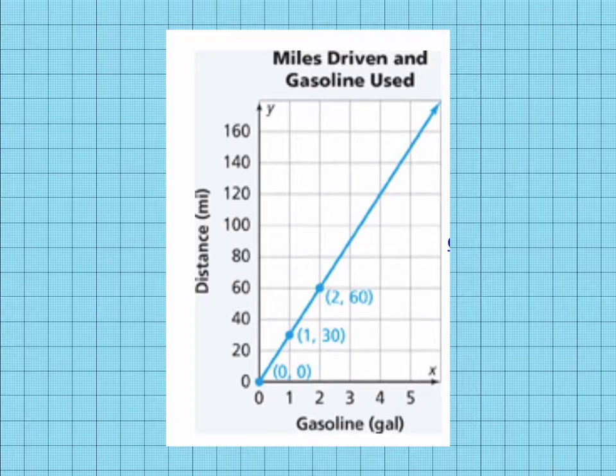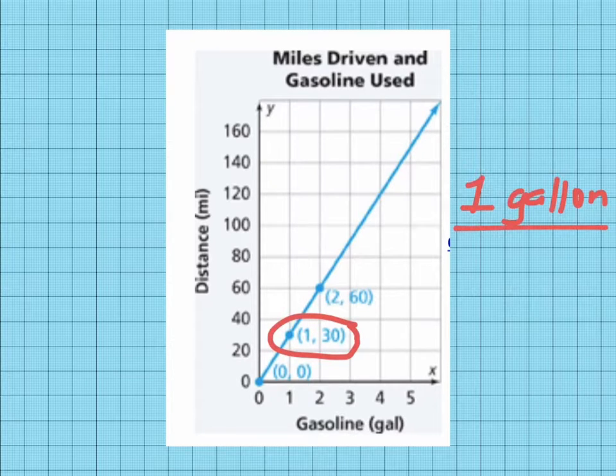Here's another graphing example that's in part B of problem 2.3. If we look at it carefully, we'll see a unit rate right here through this ordered pair. The 1 stands for 1 gallon of gasoline. And on 1 gallon of gasoline, the car can travel 30 miles.